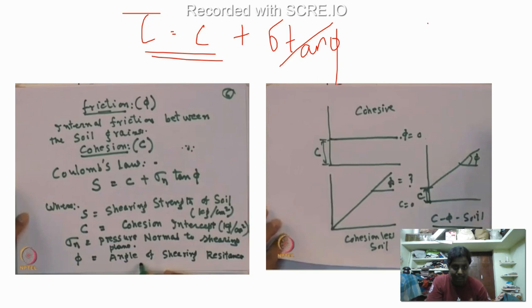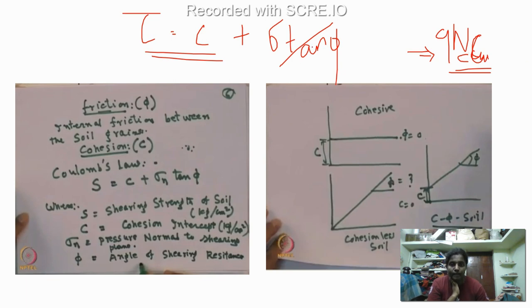If you remember the bearing capacity equation for a clay soil, it is just 9 times Cu, where the other terms like N phi and Nc become 9 Nc Cu. So the bearing capacity is directly related to the cohesion only.